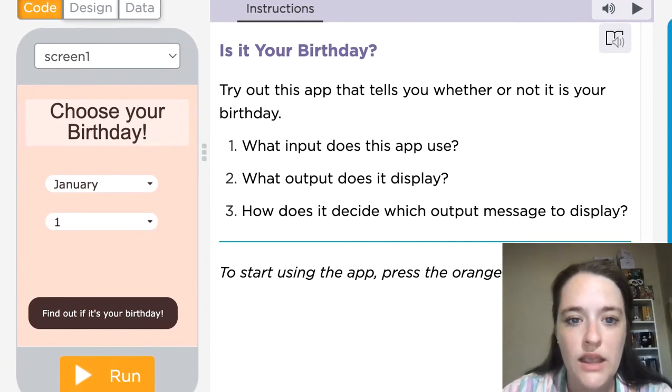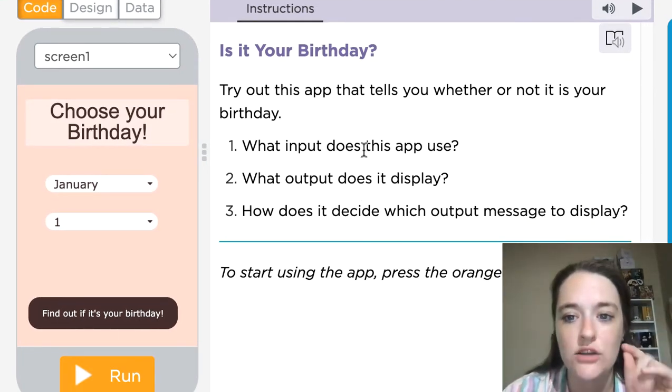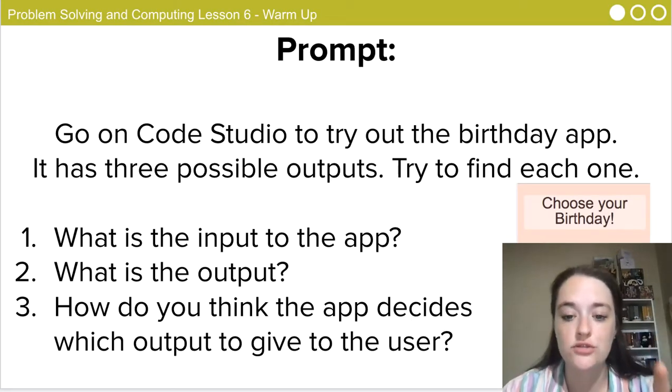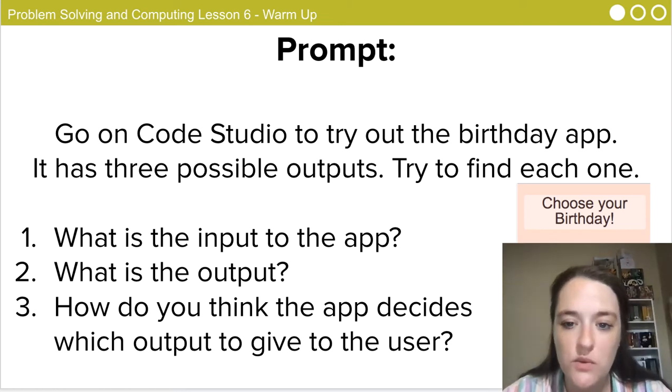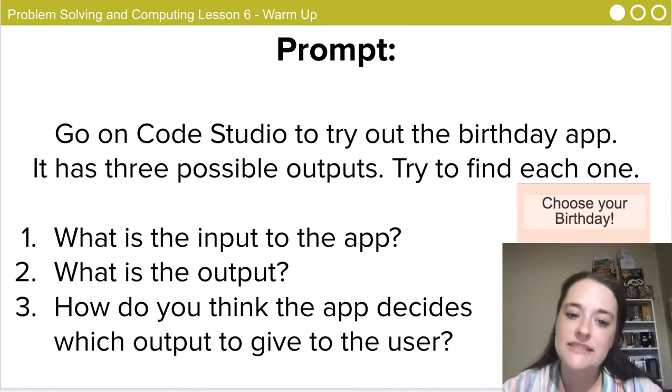Okay, now try out the app that tells you whether or not it's your birthday. So we are also wanting to answer these questions in our journal as we go through this app. So the questions we want to answer: what is the input to the app? What is the output? And how do you think the app decides which output to give the user?